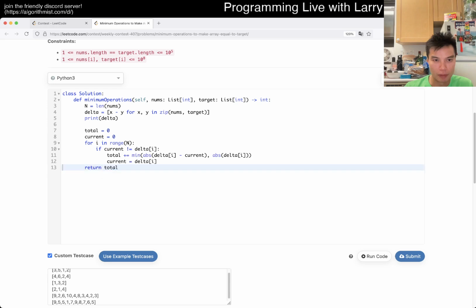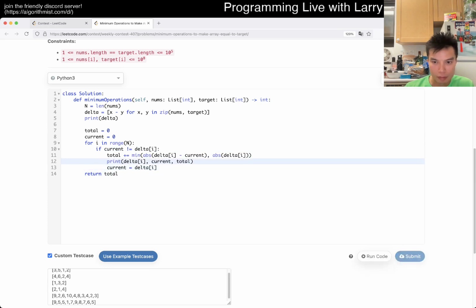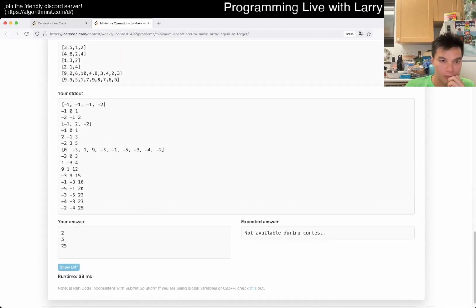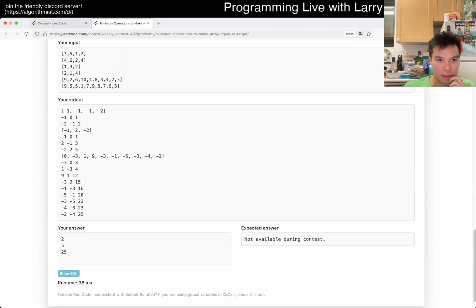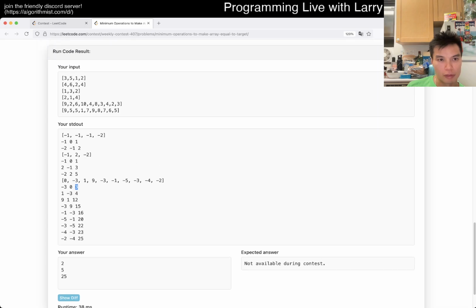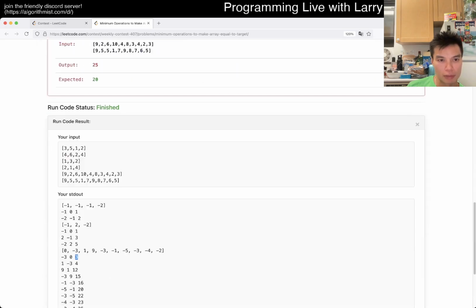Maybe do it before this. Okay, so the current is 0, so the 3, that's 3. What is the way to do 20 from here?